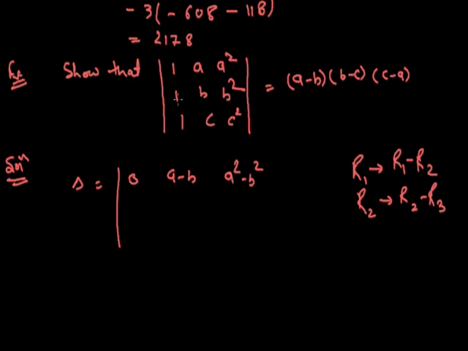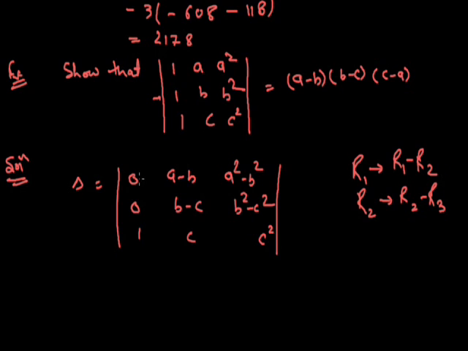Now in the second row, R2 minus R3: 1 minus 1 is 0, b minus c, b square minus c square. Now the third row is as it is: 1, c, c square.